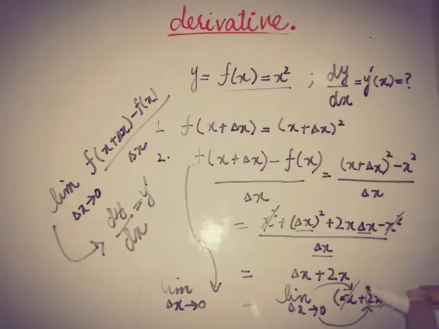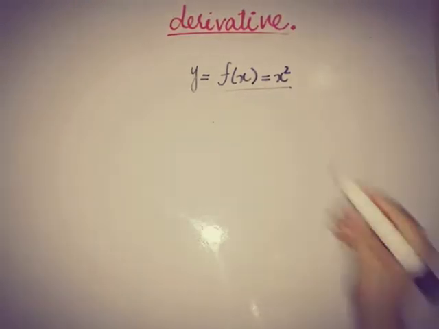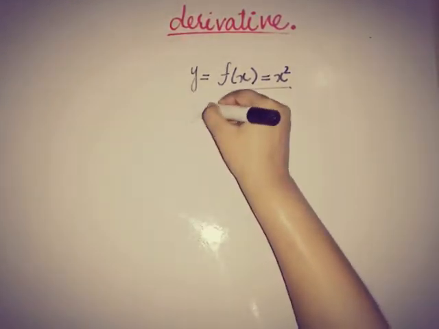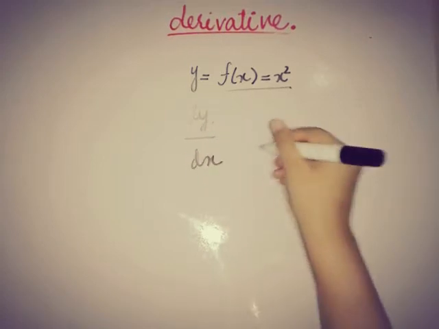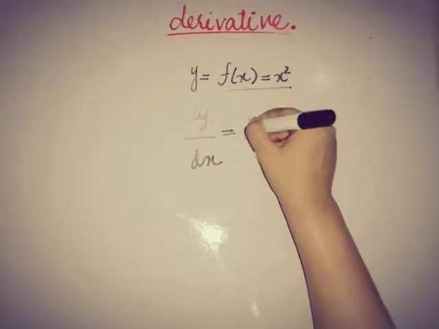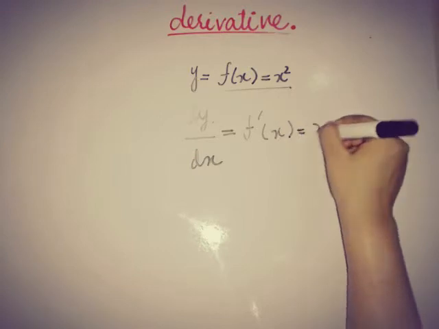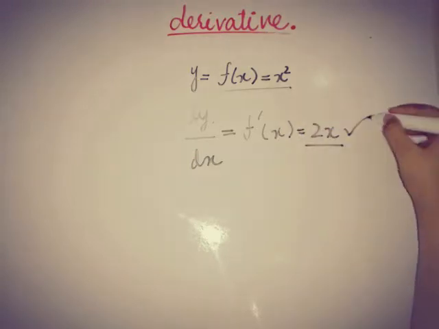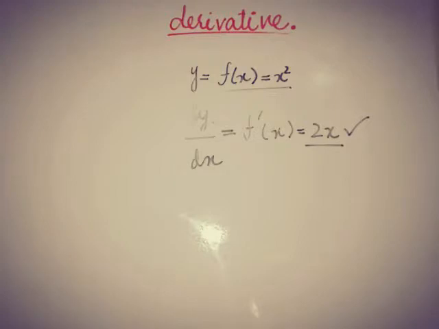So our answer is dy by dx is equal to y dash of x is equal to 2x. This is our required form, and we can find the derivative of any function using the first principle, or the definition of the derivative.